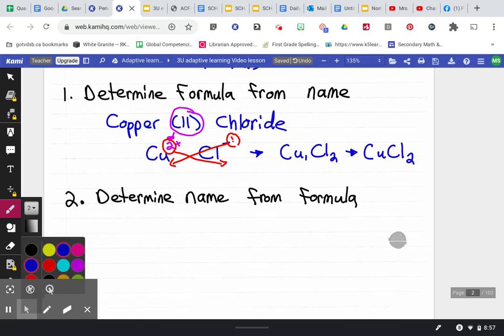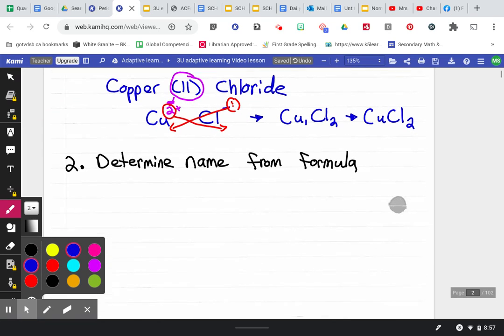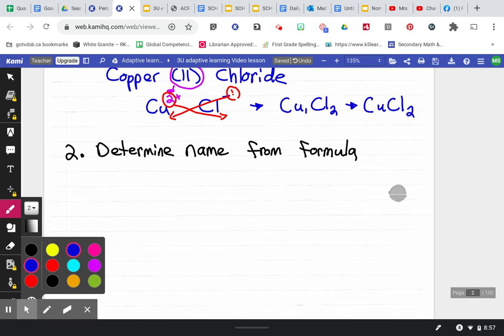The second thing we'll look at is determining the name from the formula. So in this example, we are going to look at the formula Fe2O3. Because it's an ionic compound, we know that we can start by naming the metal first.